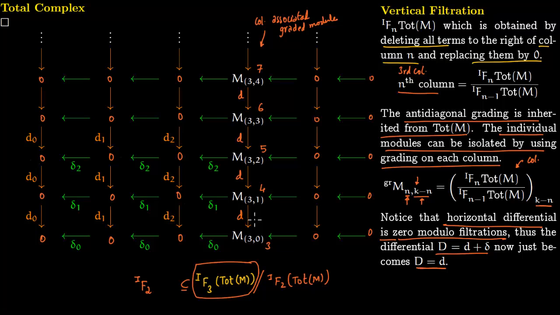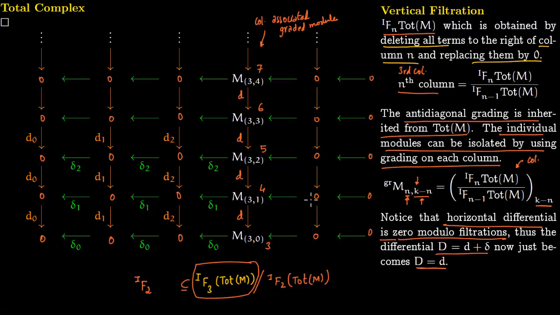Now this is very important. Sometimes in some lectures on spectral sequences, when they say vertical filtration, they precisely mean you're just considering the columns. Either you can consider the associated graded part like this, or you could just consider this total complex, this initial part, by itself.